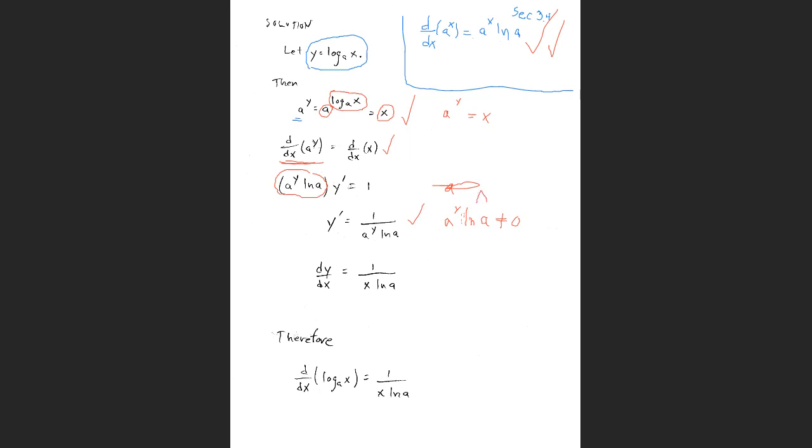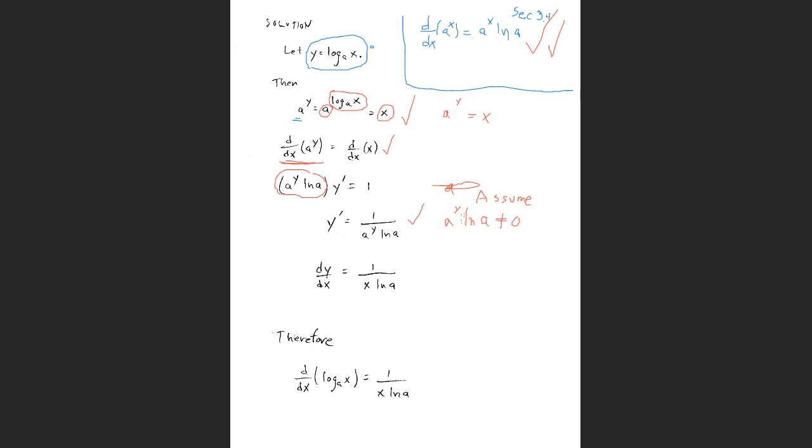So we're going to assume this is not equal to 0, because in the book, this is what they do.